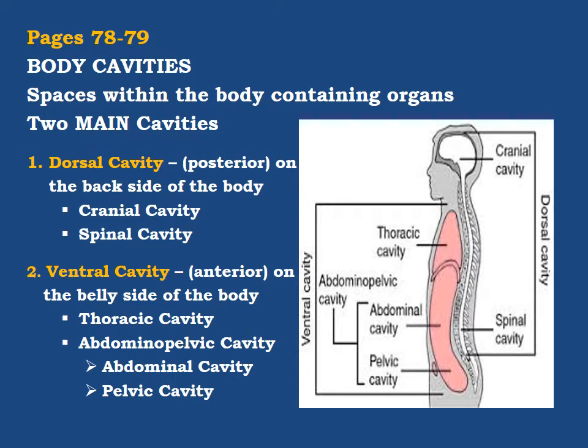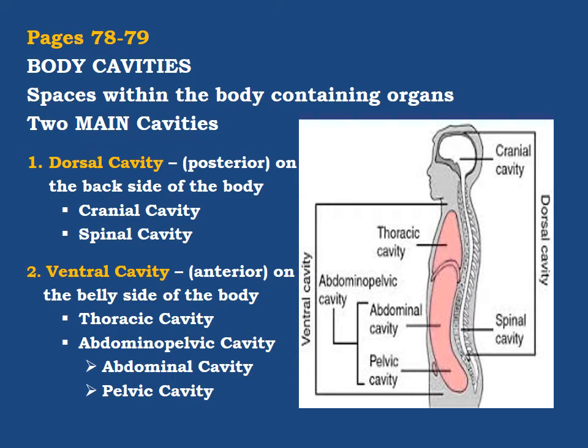Maybe we can find the heart, the lungs, all right? These two organs can be found where? In the chest cavity. So the cavity is a hollow or a space, all right, which contains certain organs.